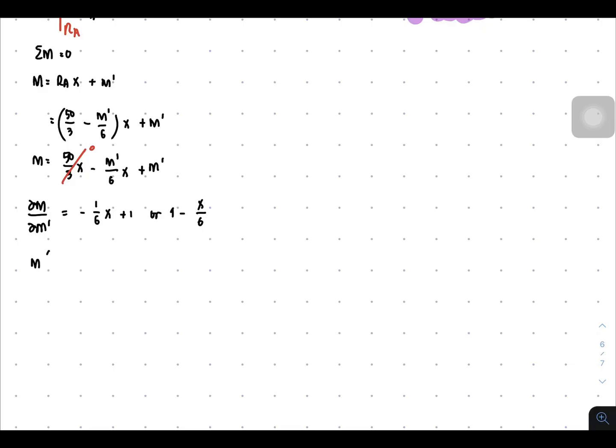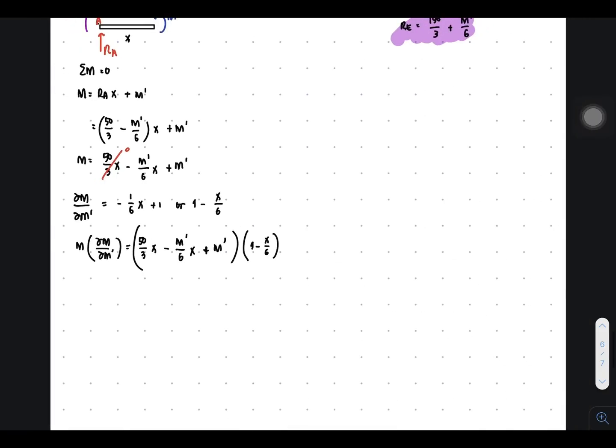Okay, so let's get its moment product. So it's going to be 50 over 3x minus m prime over 6x plus m prime to be multiplied by 1 minus x over 6.